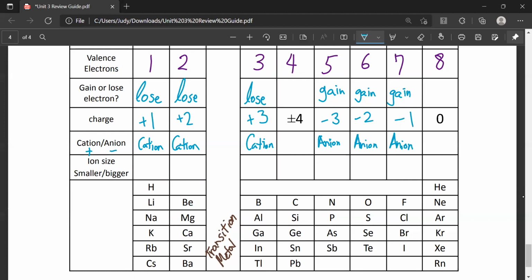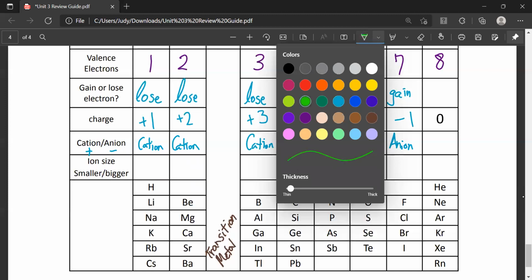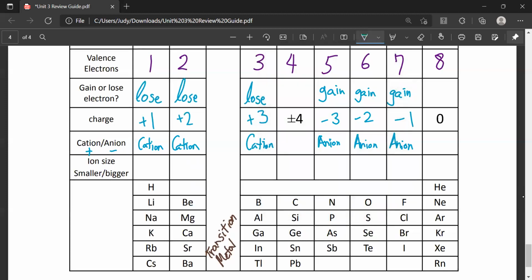The last row is about when we talked about the neutral atom. If we have a positive charge, it will be a smaller size. Smaller, smaller. Skip. And bigger as it goes negative.